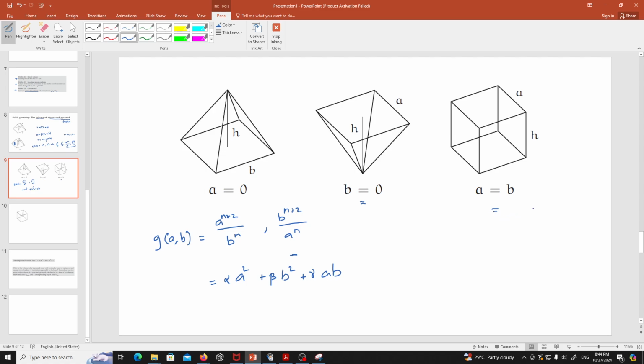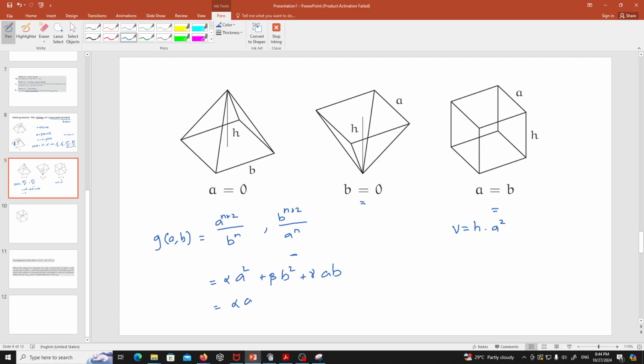Now let's look at this third easy case. When A is equal to B, we know the volume is H into, let's say, A square. So when A is equal to B, what am I getting?